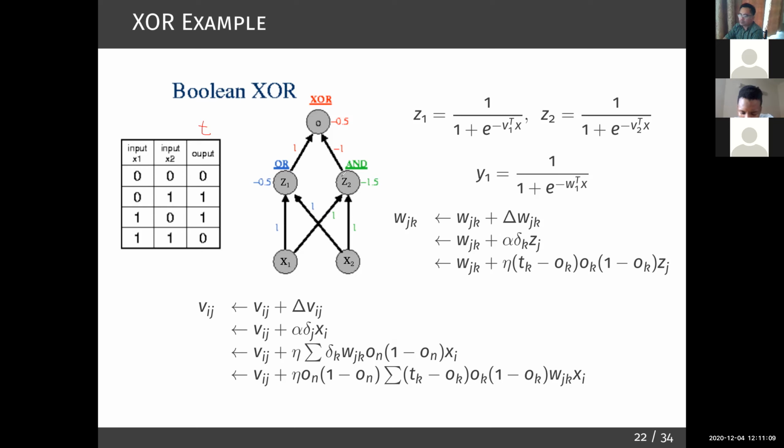The output of this hidden layer Z1 is computed by a sigmoid function, and Z2 likewise. Now the output of the output layer is computed using Y1.